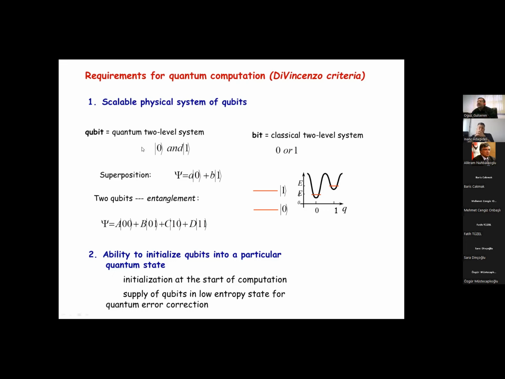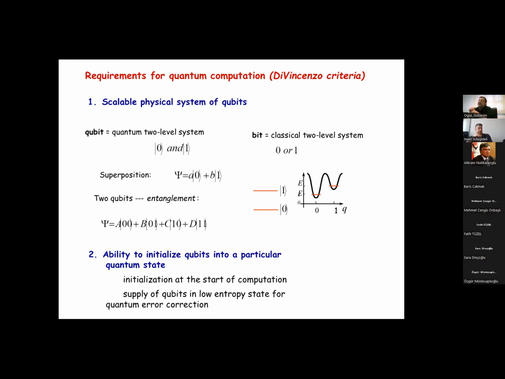As we already discussed, we need a 2-level system. This is introduced naturally by quantum mechanics, since the energy levels are quantized, with discrete values. Even if you look at the atomic levels, you start from the ground state, the first excited state.